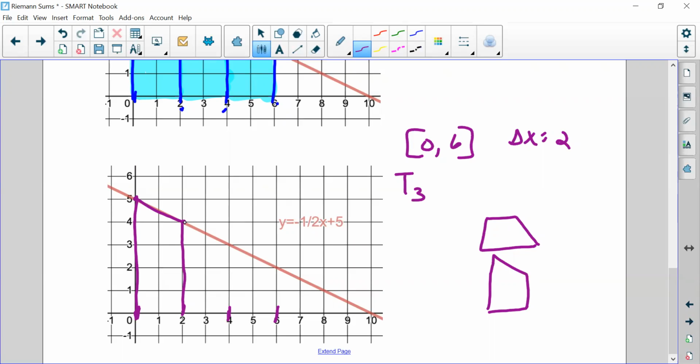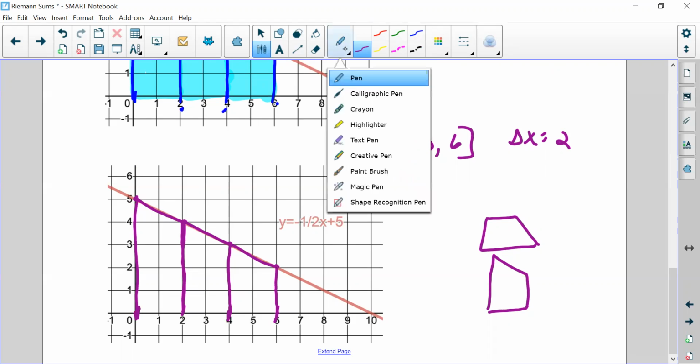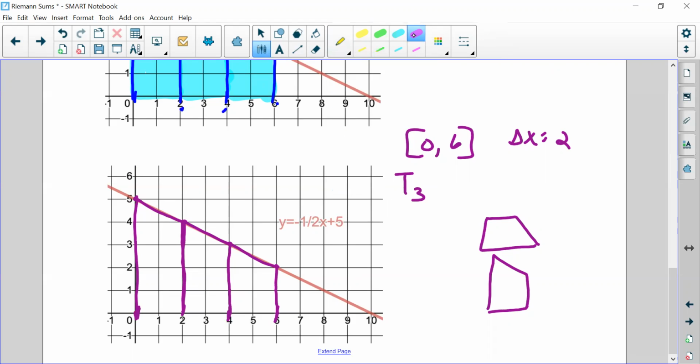So for my second one, I need the height at x of 2, f of 2, and then ending at x of 4, f of 4, and then connecting. And for my last one, f of 4 to f of 6, connect with a straight line. And so that would be the area that we're finding.